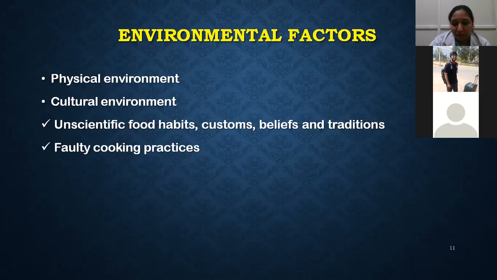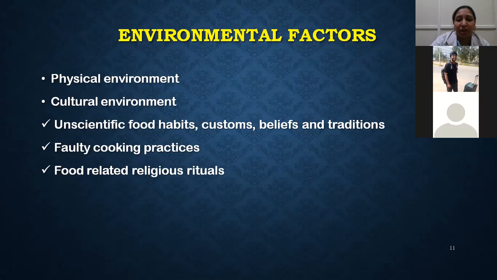And faulty cooking practices. So cooking in the open pan, and discarding the water from rice while cooking. These are all different cooking practices which decrease the quality of the food which we are taking. And food related religious rituals, definitely we have so many fastings, like during festivals, like Muslims, they do a 40-day festival.